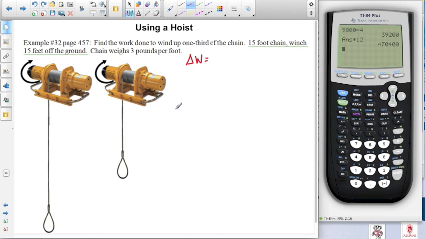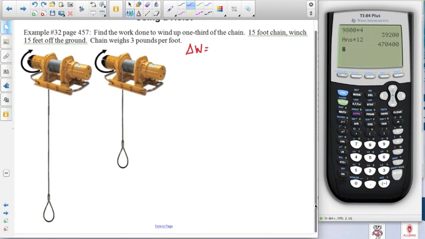So let's try to split this apart here into what's changing and what's not changing. If you notice, we're talking about winding up 1/3 of the chain, and the chain is 15 feet.